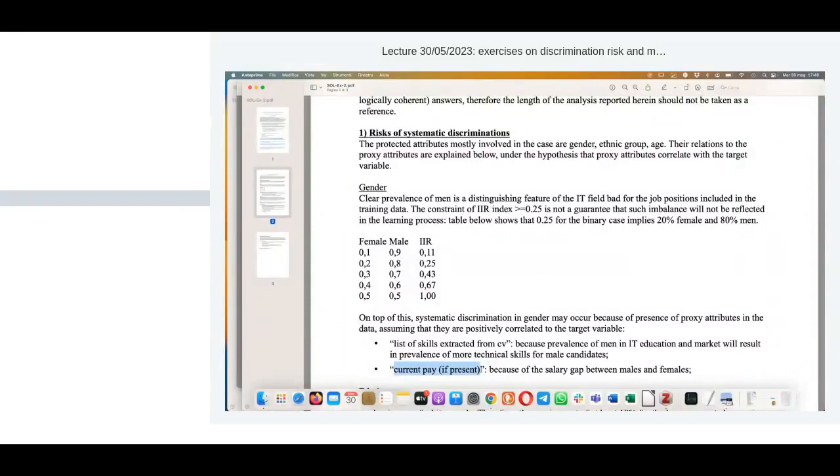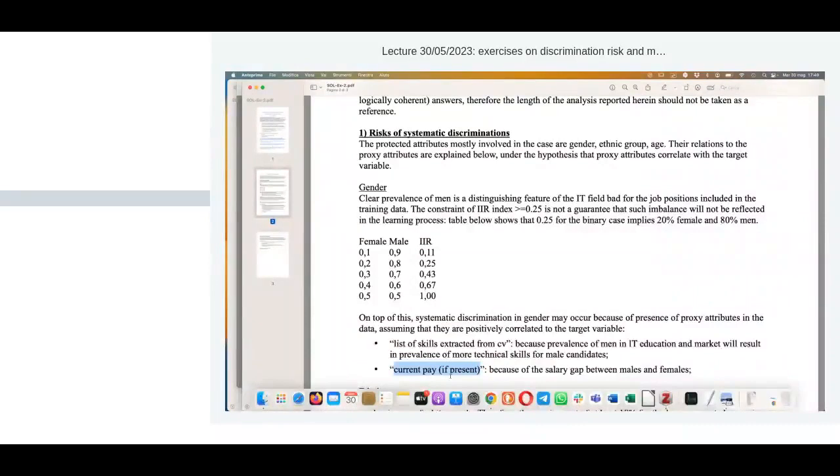Do you understand this passage? Because this is important. As you know, we have a target variable that is hired or not hired.